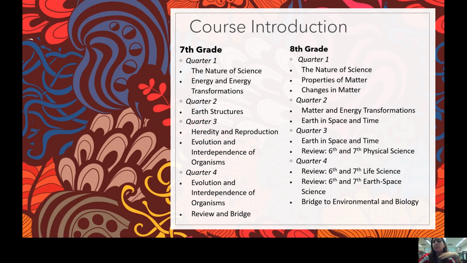But our 4th quarter should be mostly devoted to reviewing for the state exams. So we're going to be reviewing 6th and 7th grade standards towards the end of the year for 8th grade. If we have time at the end of the year, then we're going to also do some lessons bridging to environmental science and biology.